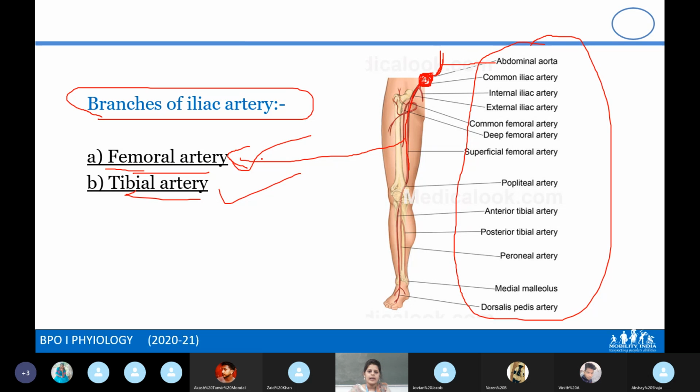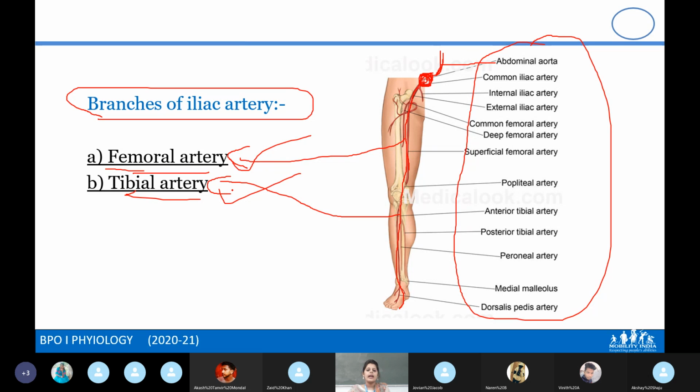That also has branches, external and internal, but that is not required now. Next, as it goes down from the knee, where the tibial bone is present, that is supplied by the tibial artery.